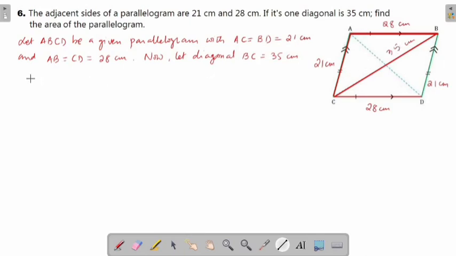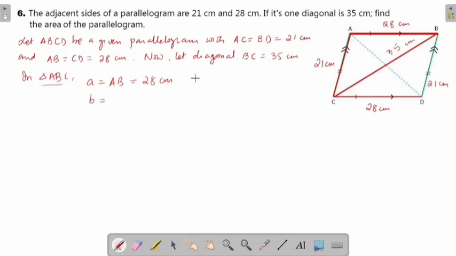So first let's find the area of the triangle. Let's observe triangle ABC. In triangle ABC, let me take a equals AB, which equals 28 centimeter.